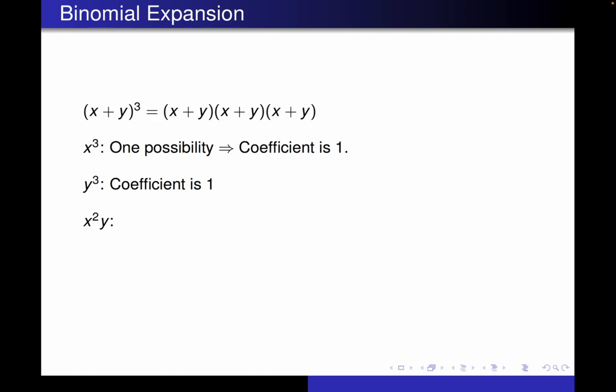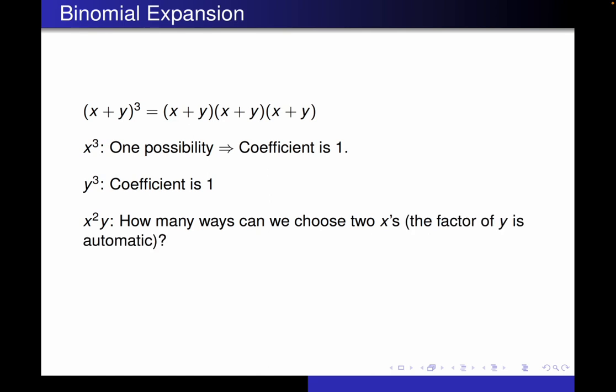Now for x squared y, we have a couple ways we can think about this. First of all, we can ask ourselves, how many ways can we choose those 2 x's? Because once we've chosen those 2 x's, the factor of y is automatic. For instance, if I choose the first 2 to be my x's to get my x squared, I have no choice but to choose y for my third one.